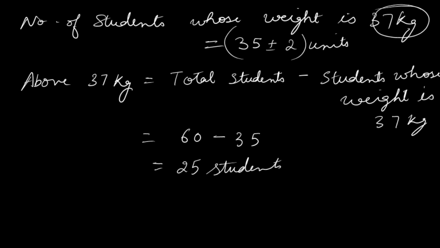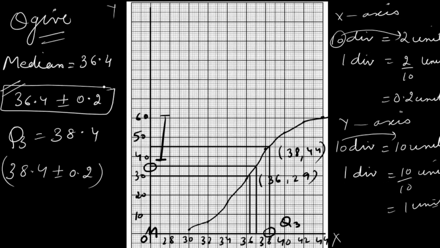25, because we have to find above. Above means this part of the graph we need. If the question says find students whose weight is 37, then it will be 35 students. But above we are finding, so how will we get this part? Total minus the students whose weight is 37.